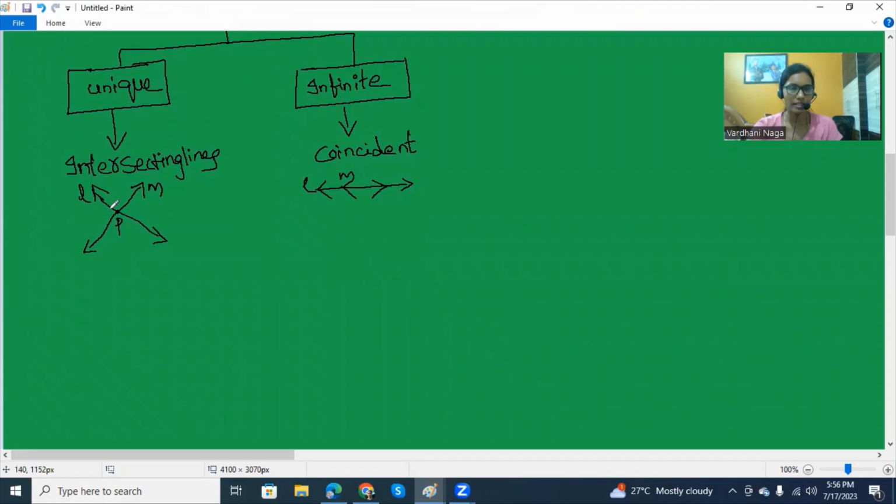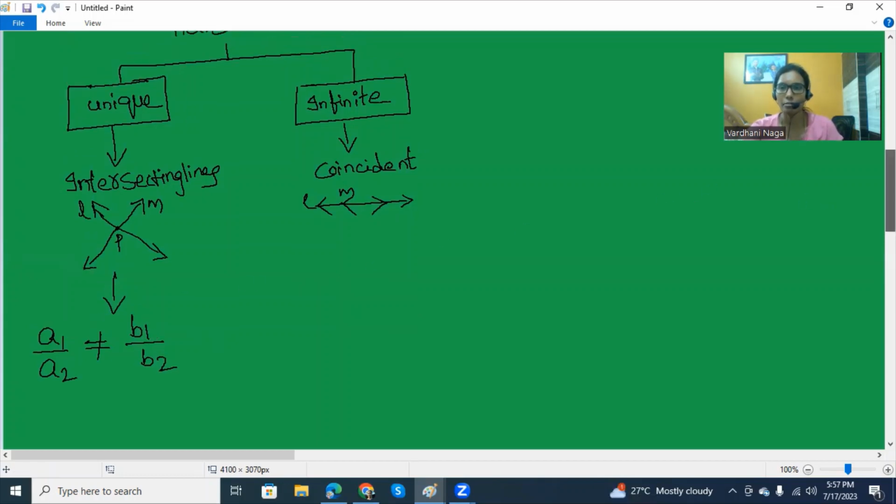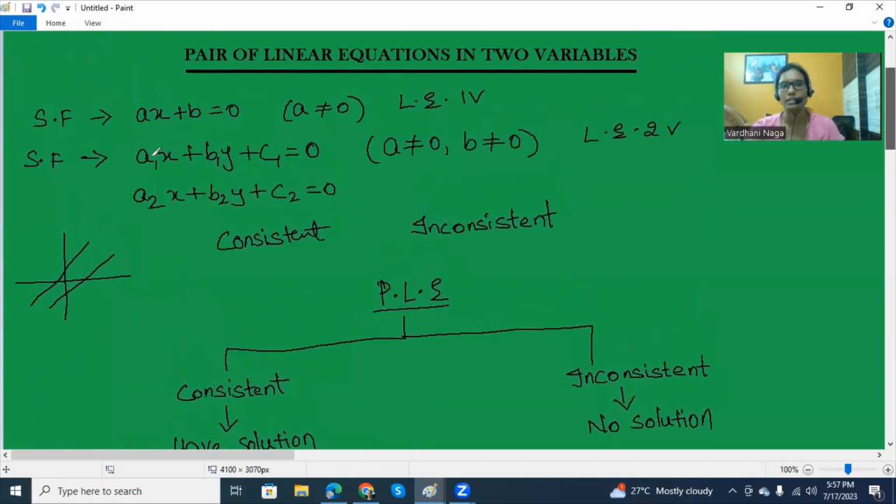If the lines are intersecting, then the condition for this is a1 by a2 is not equal to b1 by b2. What are these a1, a2, b1, b2? We just learned from this standard form that they are the coefficients of x and y variables.